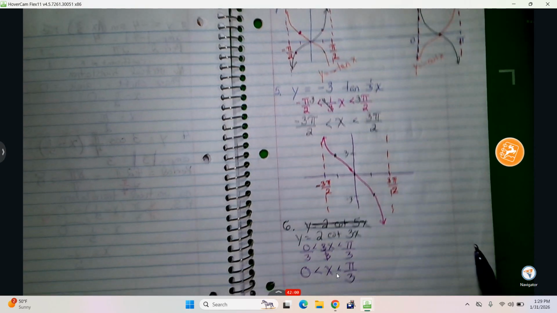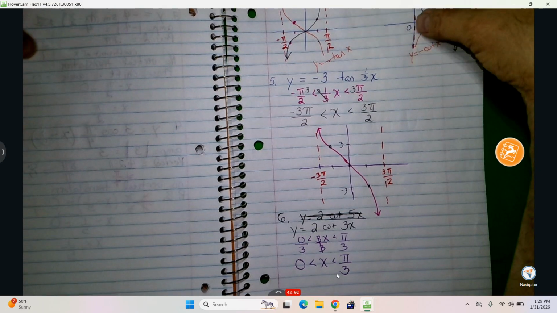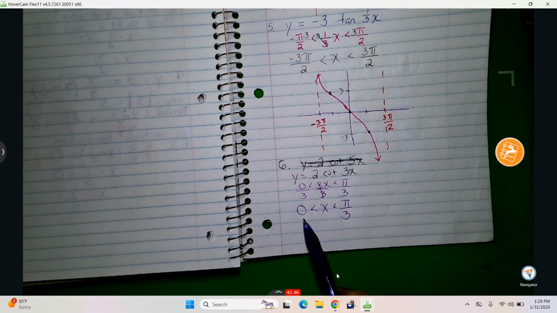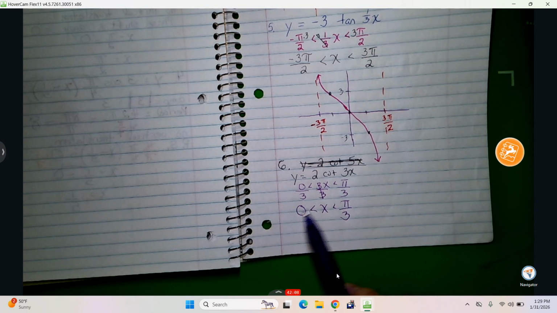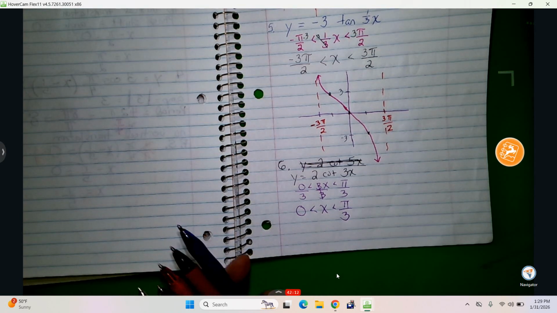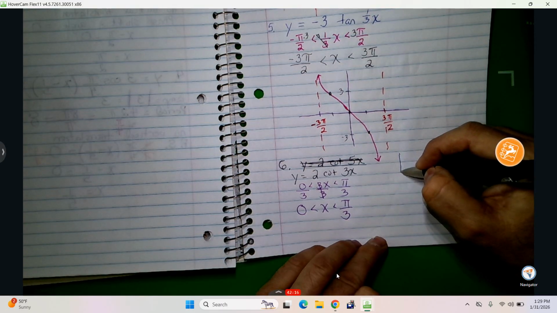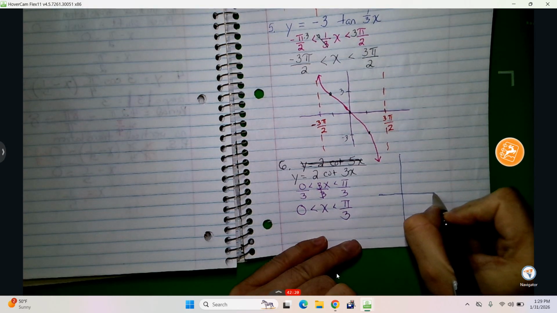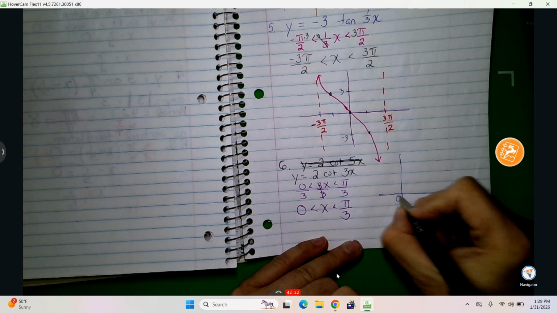So 0, I'm sorry, I'm too low here. Let me lift up this. So instead of 0 and pi, 0 to pi over 3, let me draw. So doing this the old-fashioned way.